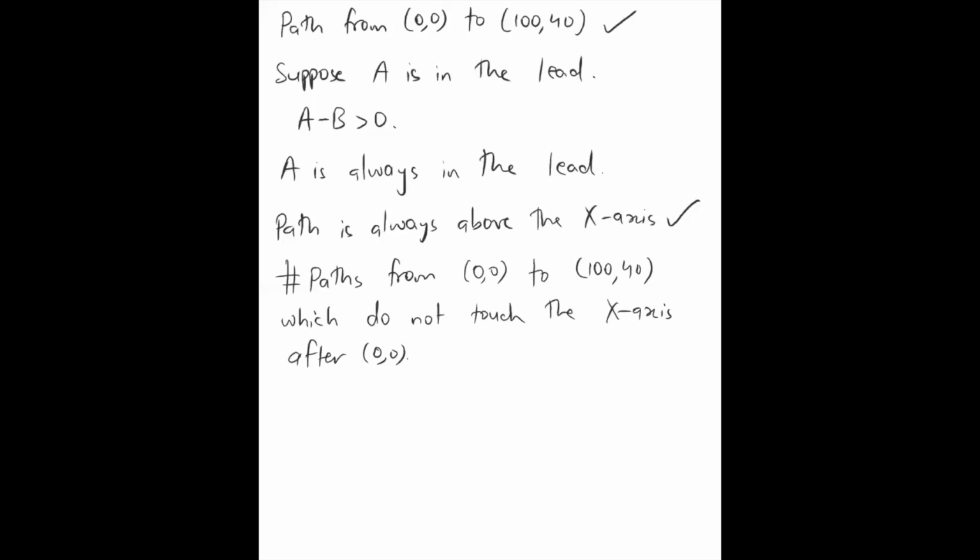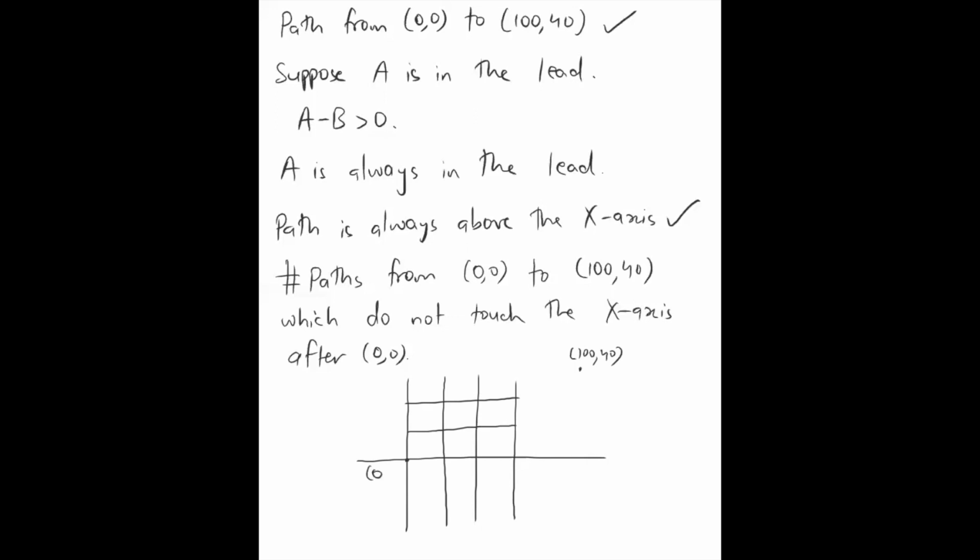For example, let's just try to see what happens when we use that usual reflection principle logic. So say I have a path from 0 comma 0 and it has to end at 100 comma 40. If we applied the same procedure as in the reflection principle, we would first count the paths from 0 comma 0 to 100 comma 40 that did touch the x-axis. Say this was one of the paths we got.